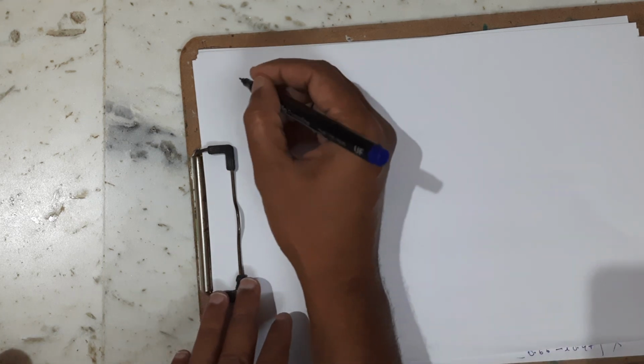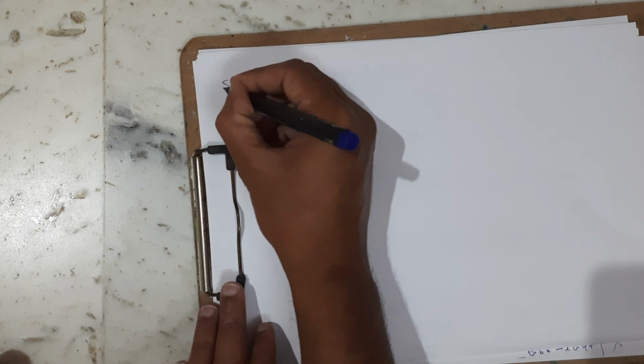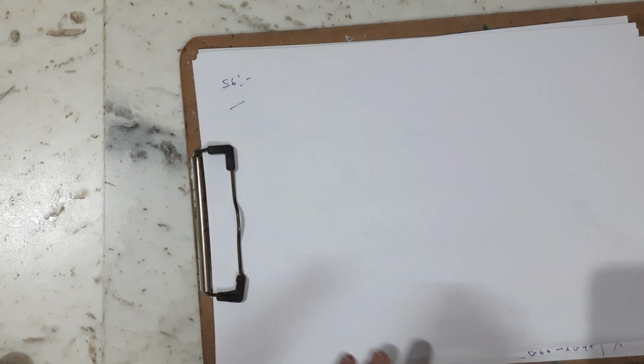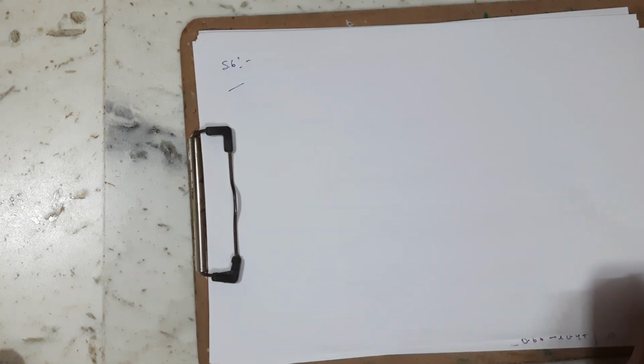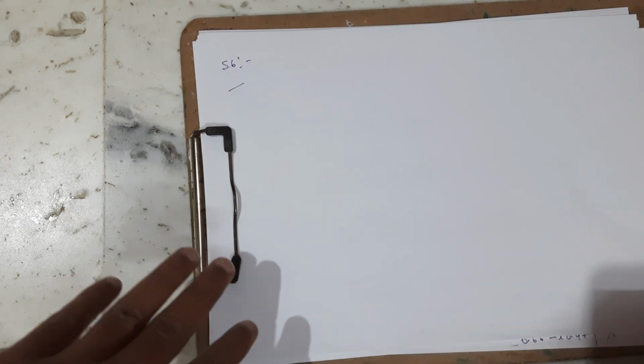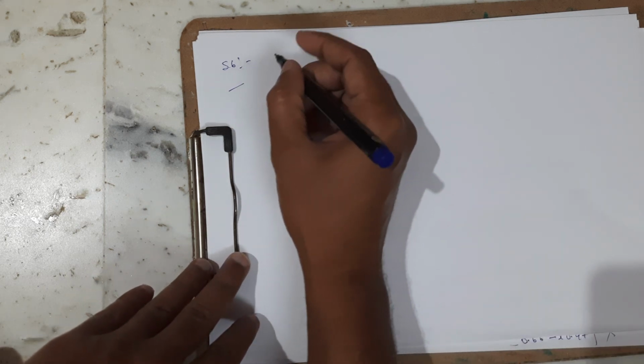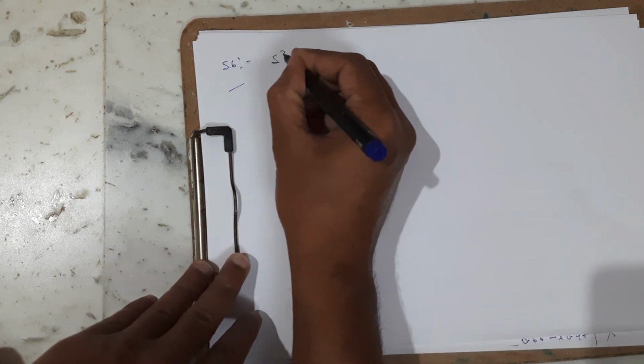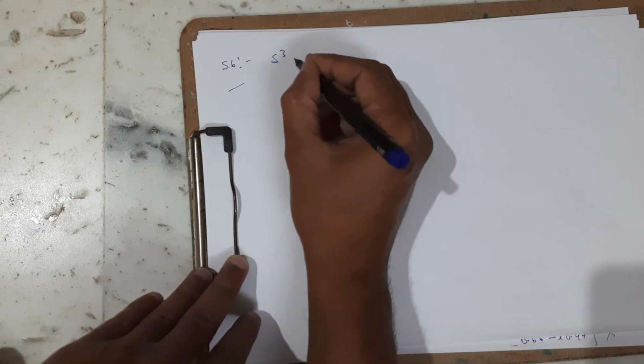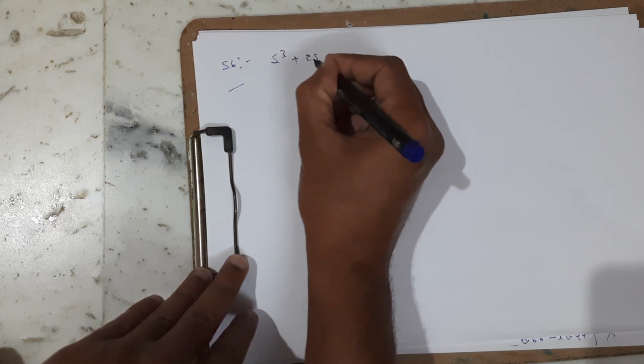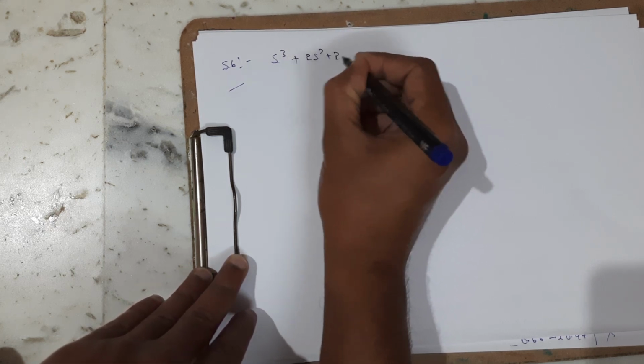Next, what is step number 6? To find the intersection of root locus with the imaginary axis. For that we need the characteristic equation. What is the characteristic equation? s cube plus 2s square plus 2s plus k is equal to 0, which we already solved in the previous case.